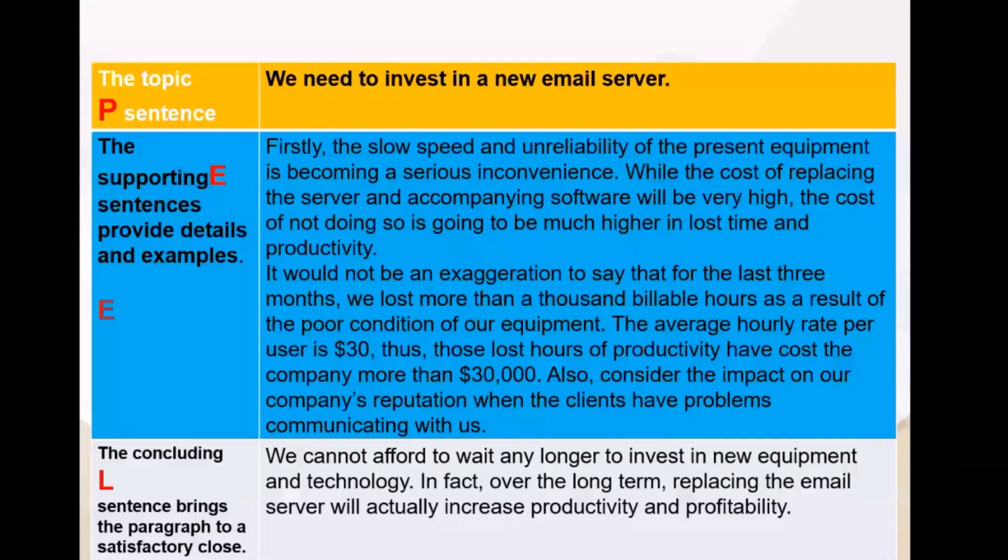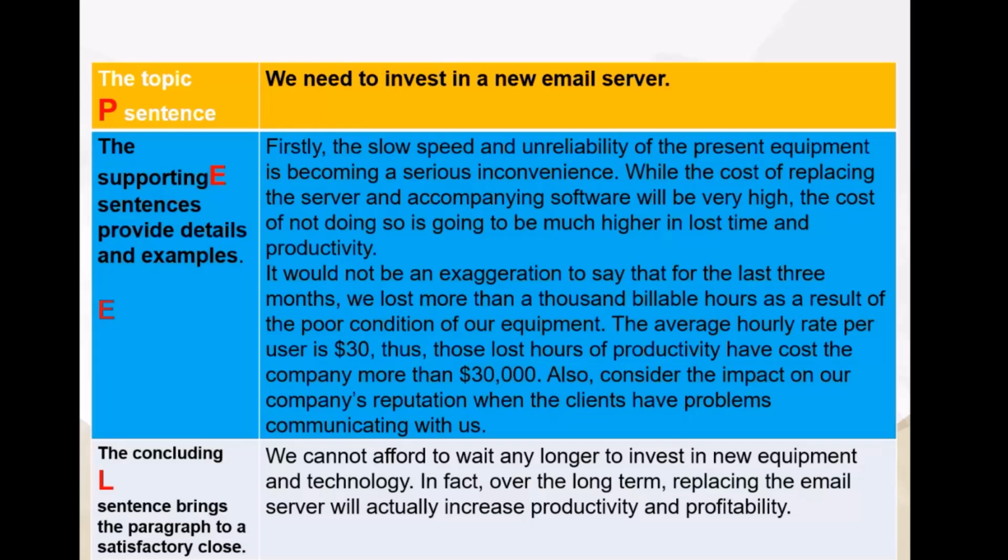The average hourly rate per user is $30. Thus, those lost hours of productivity have cost the company more than $30,000. Also, consider the impact on our company's reputation when the clients have problems communicating with us.